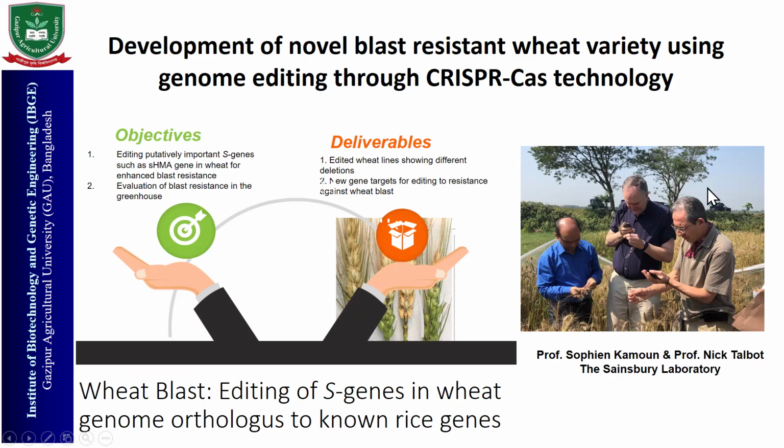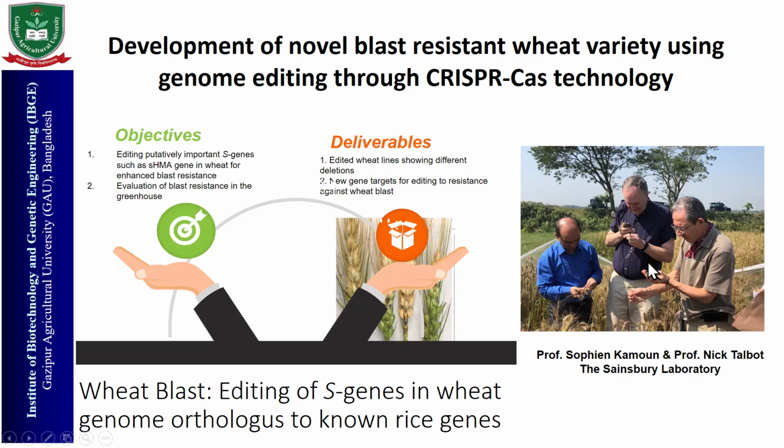He is one of the celebrity biologists in the world. And Nick Talbot, another scientist from the UK, is the number one scientist in blast research. Both are Royal Society Fellows, which puts them among the great people in science, like Newton and Lavoisier.